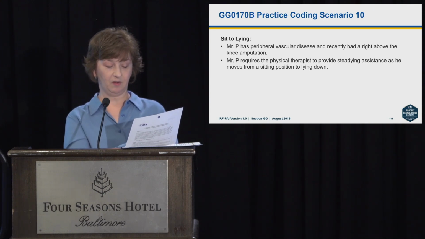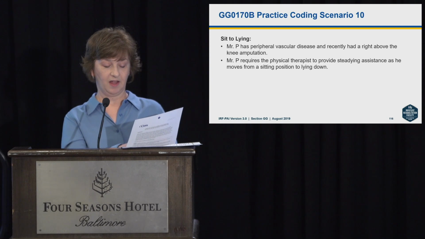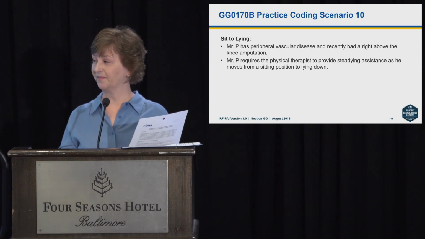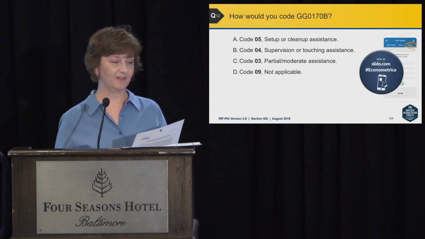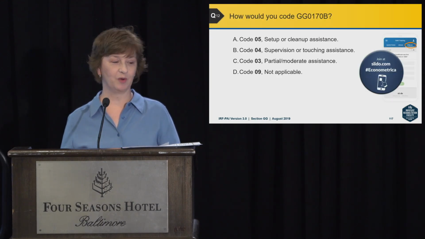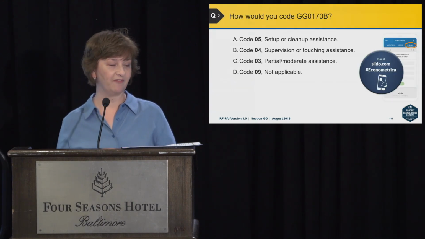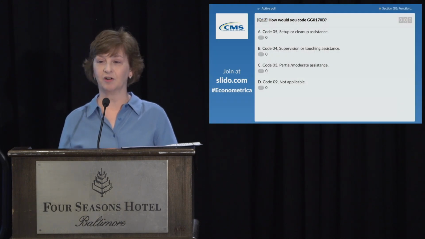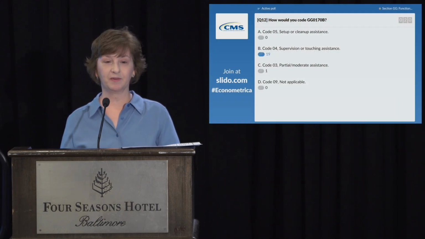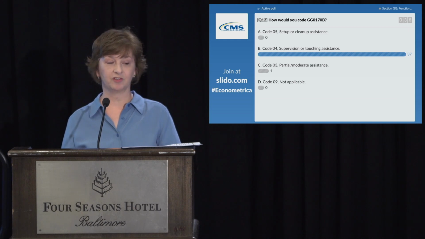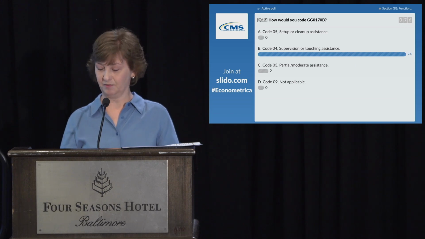Does he only need verbal cueing, steadying, touching assistance, contact guard assistance from one helper? Yes, okay. So go ahead and put your answers in. The options that you have for answers on Slido are 05, setup or cleanup assistance, 04, supervision touching assistance, 03, partial moderate assistance, 09, not applicable.